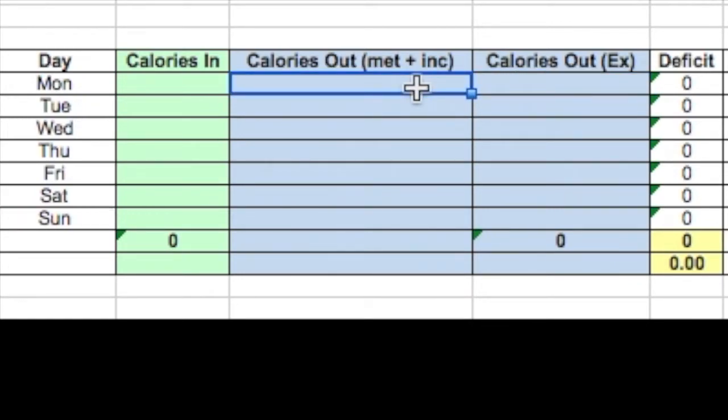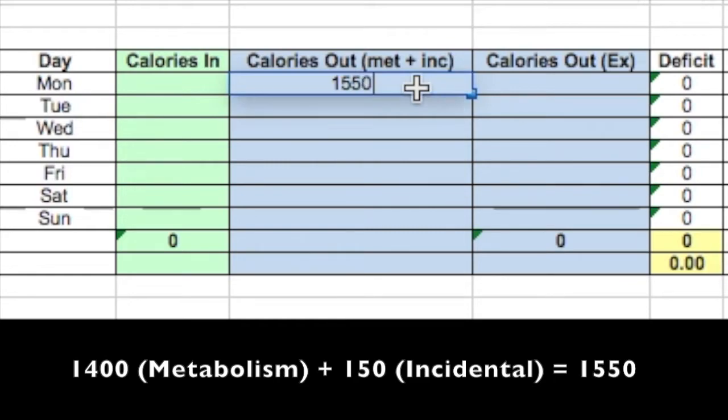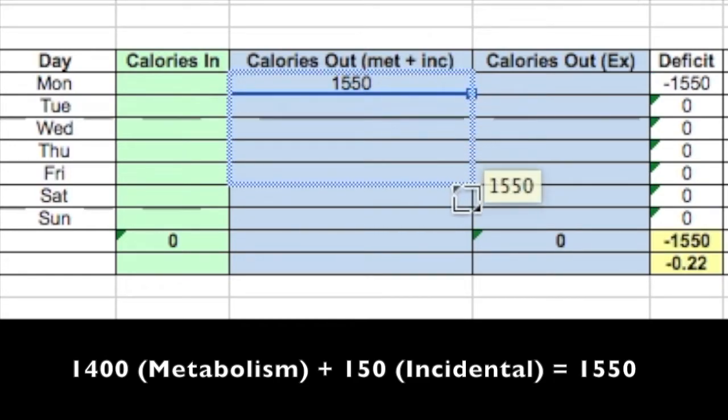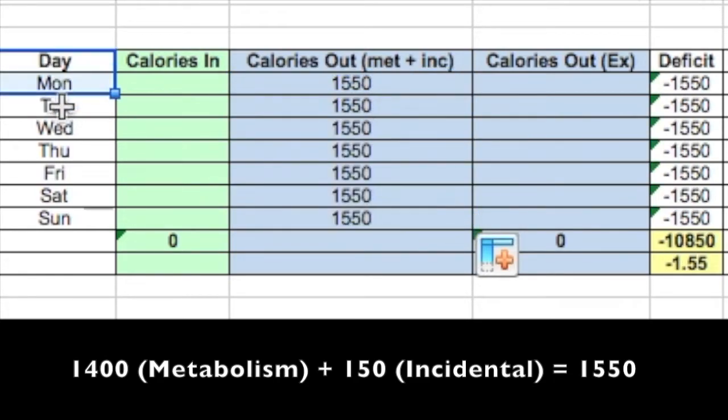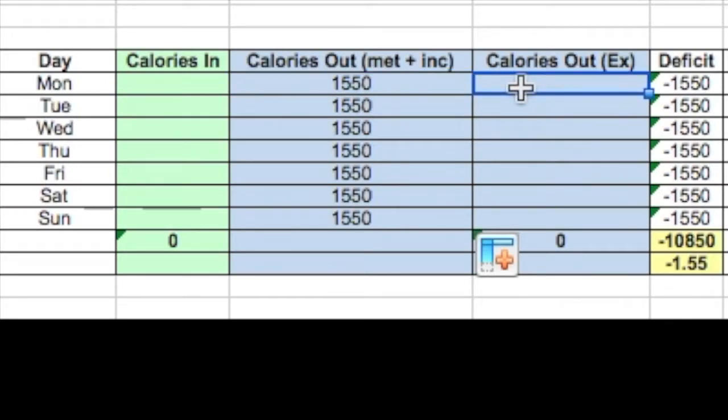So let's key some numbers in here. So 1,550 calories for each day of the week. So we've got our 7 days here, Monday through to Sunday. And that's how many calories we're burning each day from metabolism and incidental. Then we've got exercise. Now, exercise, let's say I'm doing 3 sessions a week at Body Embrace.